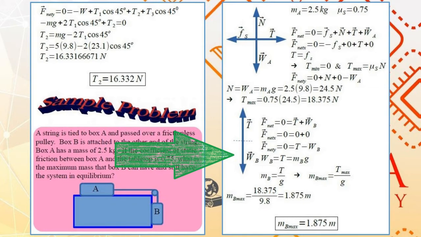Weight sub B magnitude is M_B g. Therefore, the mass of box B is just equal to tension divided by g.